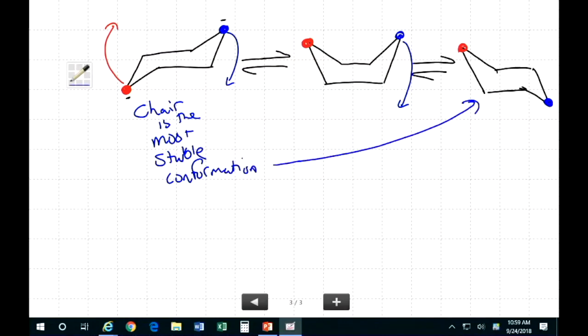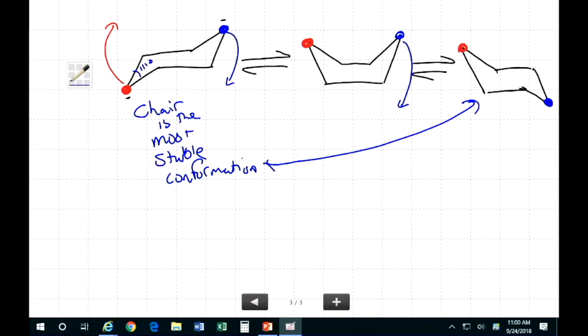So these two here are the most stable conformations for our cyclohexane to be in. The reason for that is our bond angles are pretty close to 109.5. We've already talked about they're around 111 degrees, so really close to 109.5.